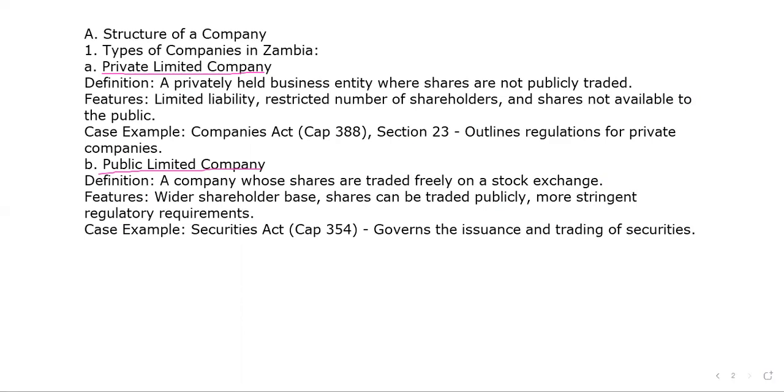So a limited company has the following features that you need to know before I firstly streamline them into private or public. So a limited company, number one, has what we call limited liability. What does it mean to have limited liability?